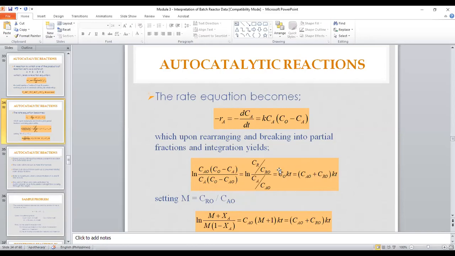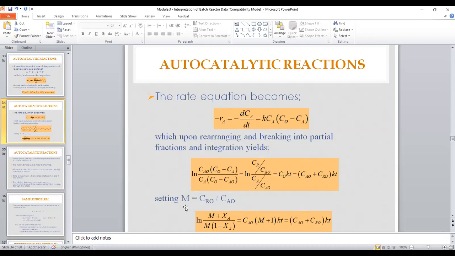Okay, you have either the ln of C sub A0 times the quantity C0 minus C sub A divided by C sub A times the quantity C0 minus C sub A0, which is to be equated to C0 kt, where C sub 0 is the sum of the concentration of C sub A0 and C sub R0. kt was just copied in here.